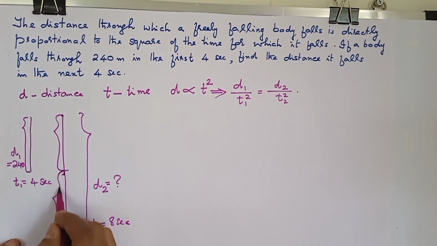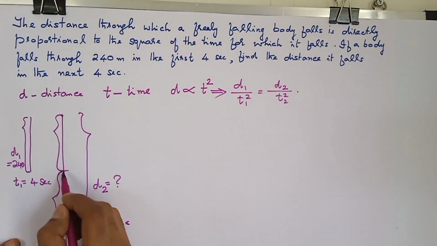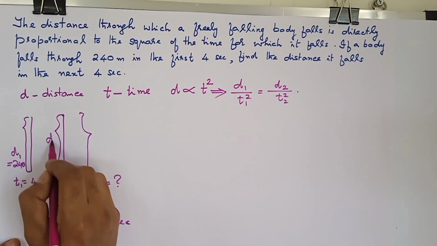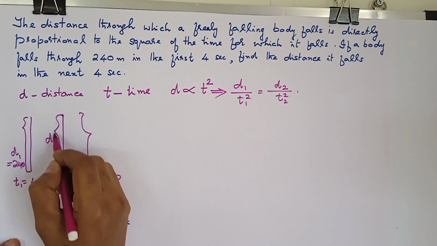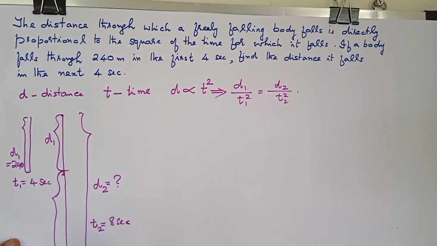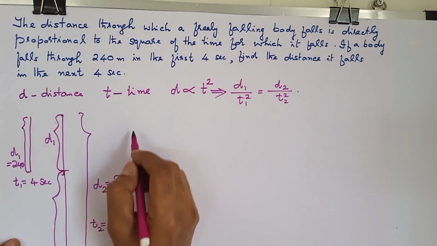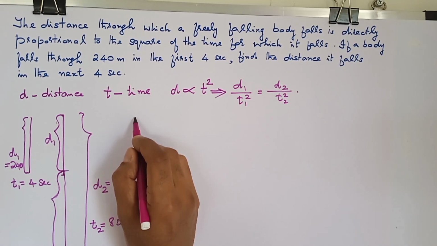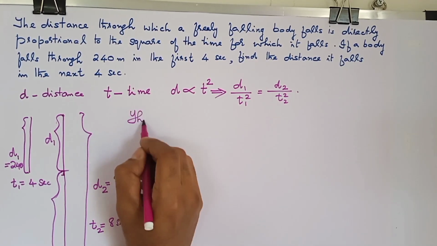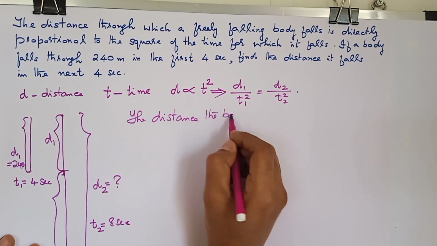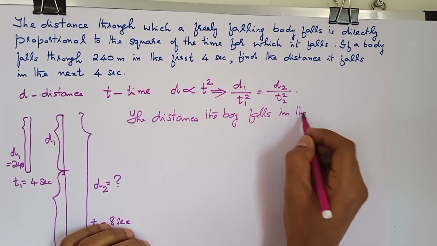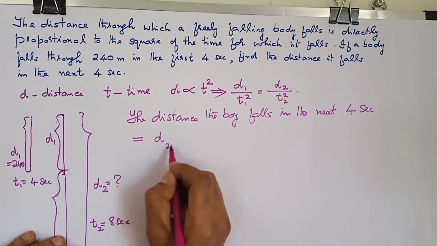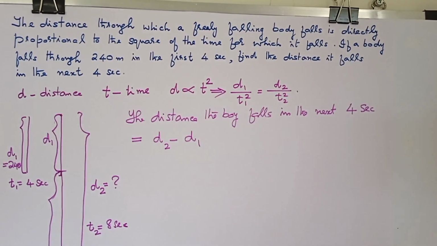We are asked to find out only this much. So this much will be, if this is D1, and the total is D2, then the required distance, that is the distance y. I hope you can follow this.